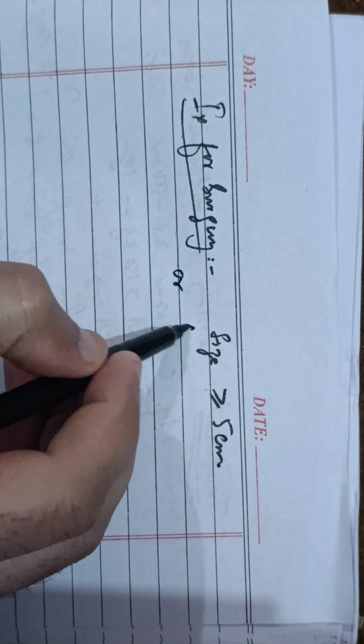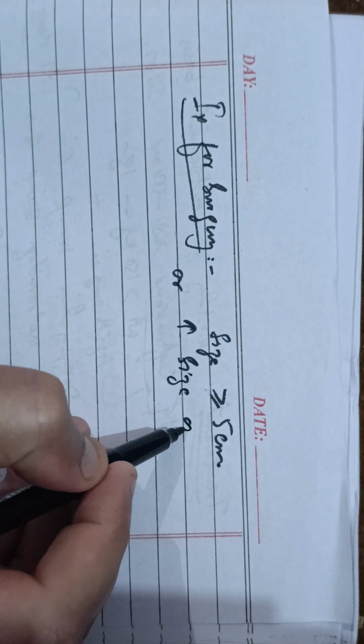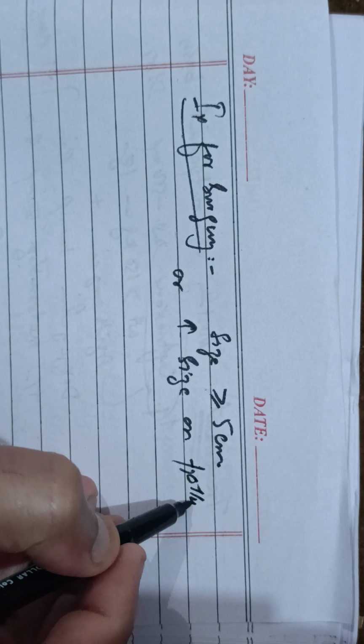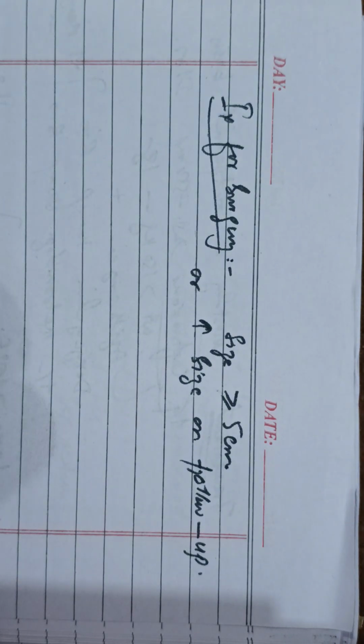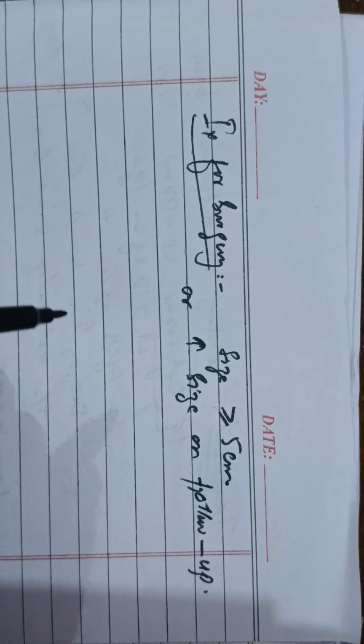Or increased size on follow-up. For example, a female patient having a 2 centimeter cyst, and after 4 months of ultrasound now the cyst is 4 centimeter. This patient also needs surgery.